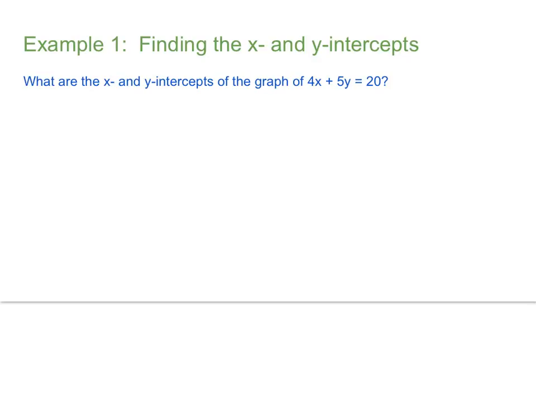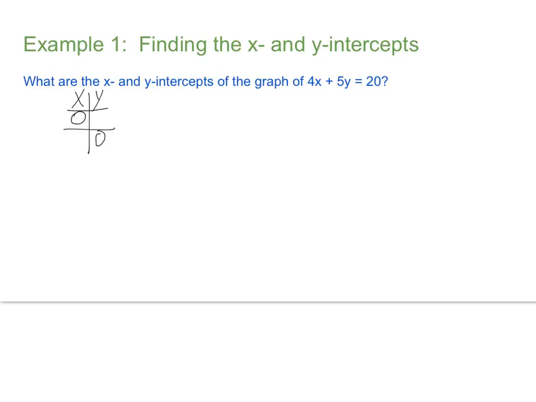So here's another example. You can never really have enough. Finding the x and y intercepts. What are the x and y intercepts of the graph of 4x plus 5y equals 20? Once again, we make the tic-tac-toe table, 0 under the x on one line, 0 under the y on the other.